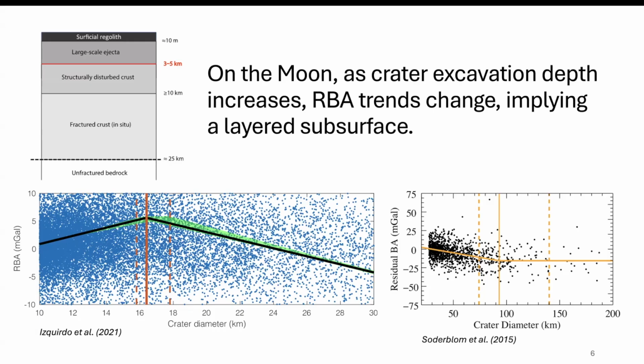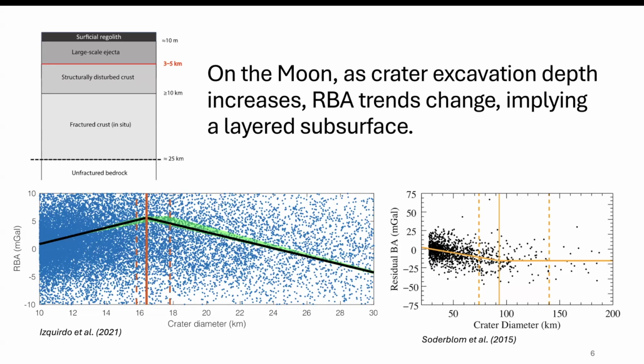She found a discontinuity at a certain crater diameter. As you increase your crater diameter, you increase the excavation depth, and the crater disrupts and interacts with deeper material. So Cristal interpreted that discontinuity as a discontinuity in subsurface porosity, which on the top left you can see in a very generalized schematic of how that would look.